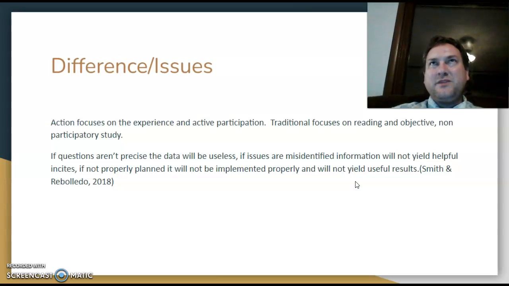You're looking at it from the outside. You're trying to control different aspects of the environment and so forth. With action research, you are a part of the group, and studying from the inside, also the participants are actively engaged in the research and with you throughout the process.